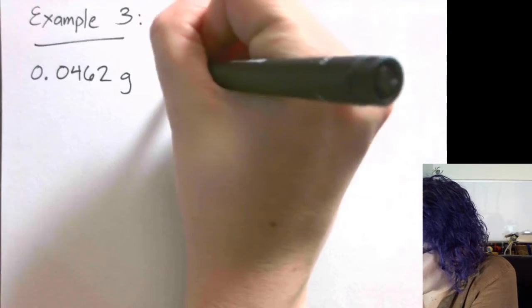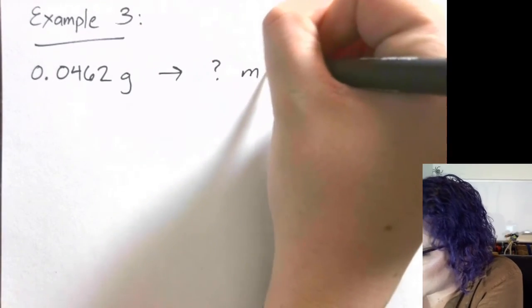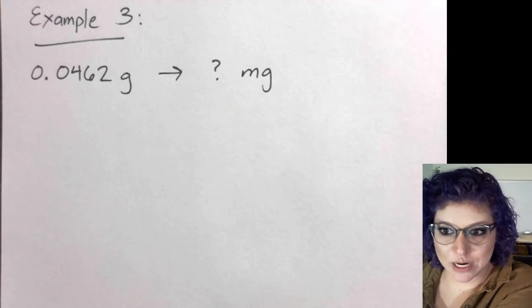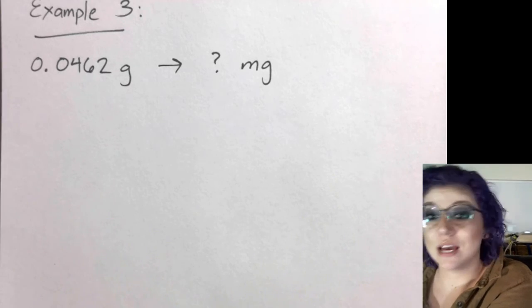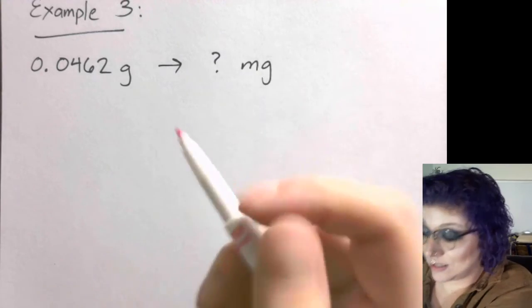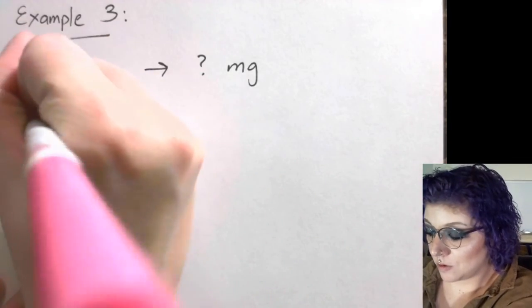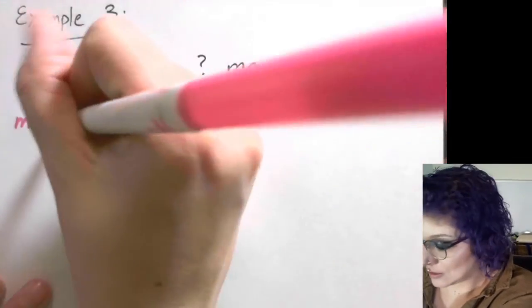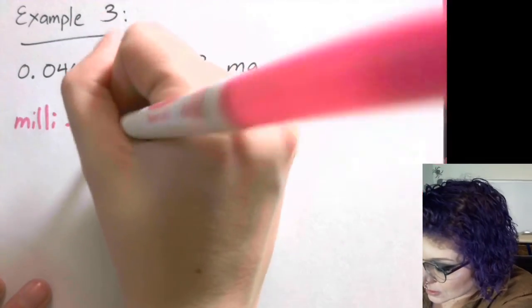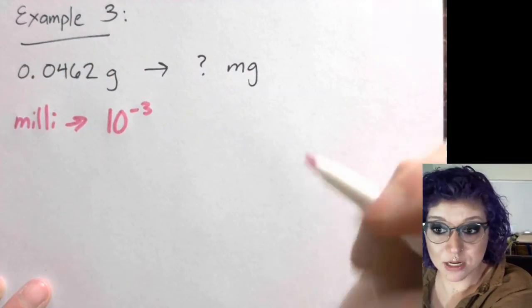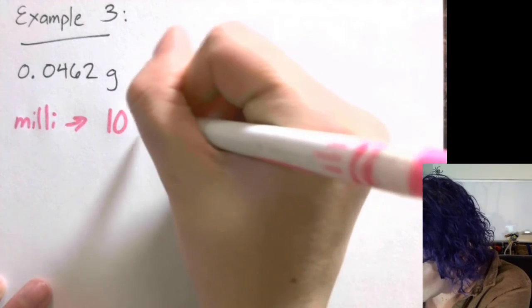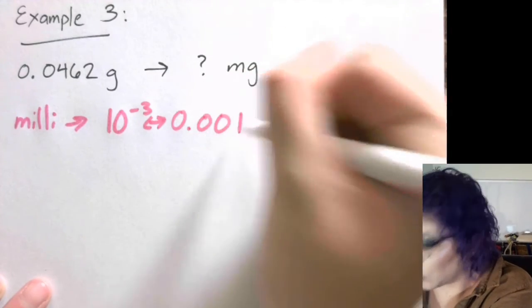So I want to convert this to milligrams. So how many milligrams is this? Again, y'all, this is a prefix, the milli, you need to know it. So milli means 10 to the minus 3, or 0.001.